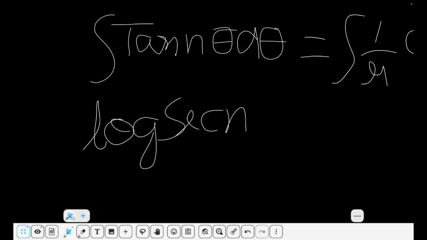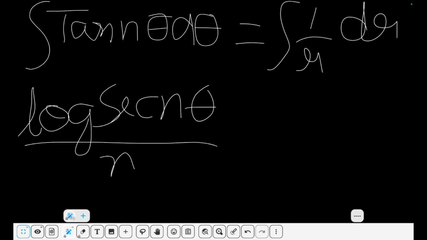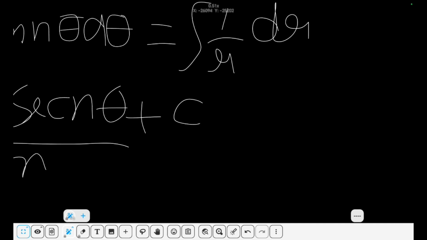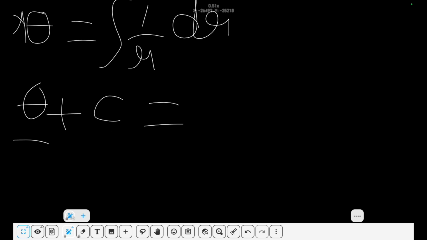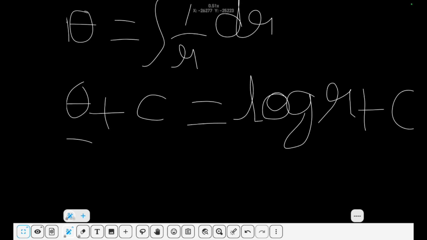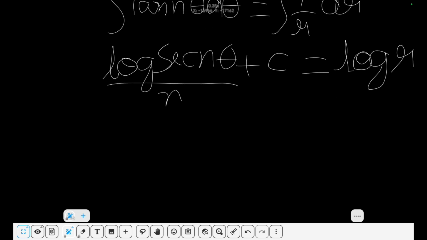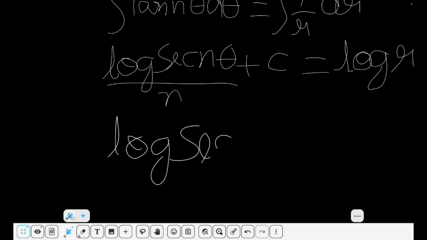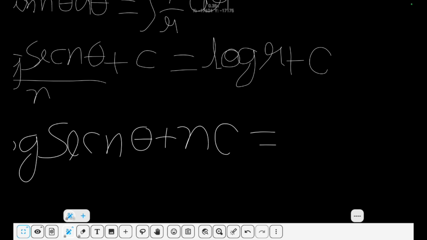Log of secant n theta by n, because n is a constant, plus c, that equals integration of 1 by r is log r, so log r plus c. I take LCM here. Log of secant n theta plus nc, that equals n log r.